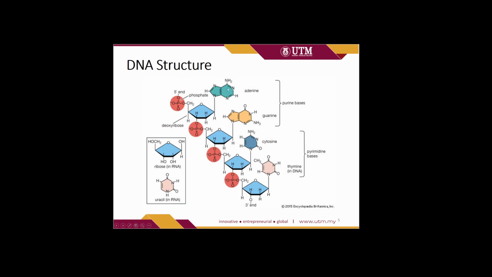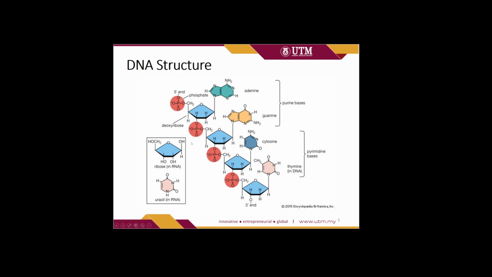And these are the nitrogen bases, where some of them have a double ring, which are called purine bases, such as adenine and guanine. The ones with one ring are called pyrimidine bases, which are cytosine and thymine. Please note the names and which one is purine and which one is pyrimidine.